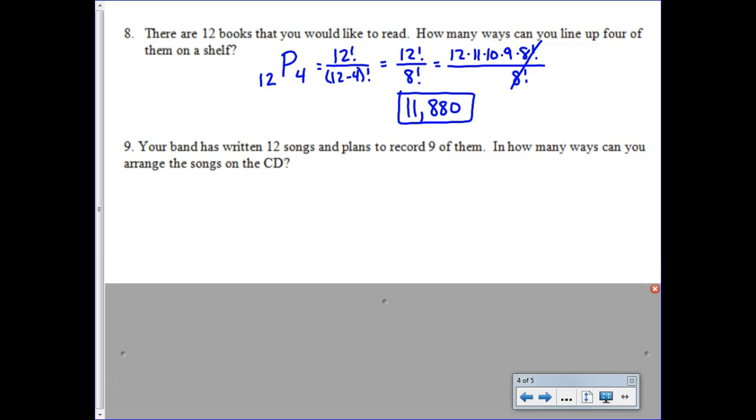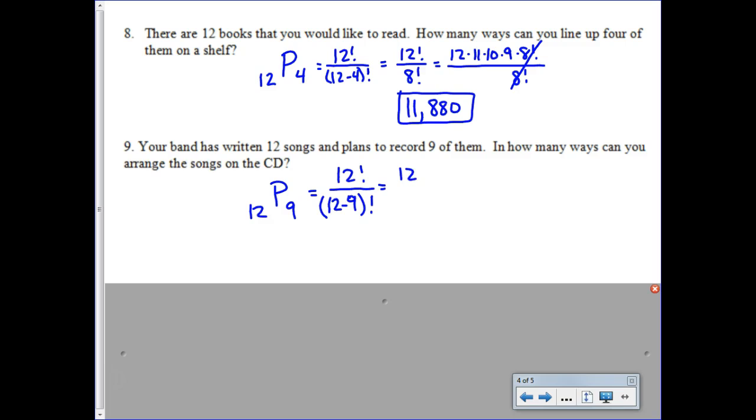Your band has written 12 songs and plans to record 9 of them. How many ways can you arrange the songs on the CD? So you have 12 songs. How can you arrange 9 of them on the CD? So we have 12 factorial over 12 minus 9 factorial.